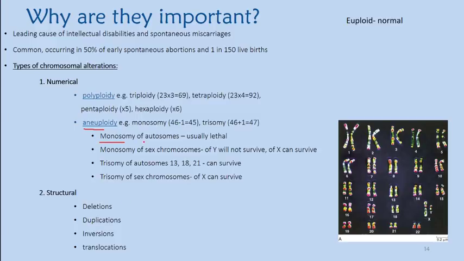Autosomal monosomy, remember, affects one of the first 22 chromosomes. This is oftentimes lethal. Mono refers to one of their chromosomes being missing, so they might be missing this one, or this one. This is usually lethal. Monosomy of the sex chromosomes.